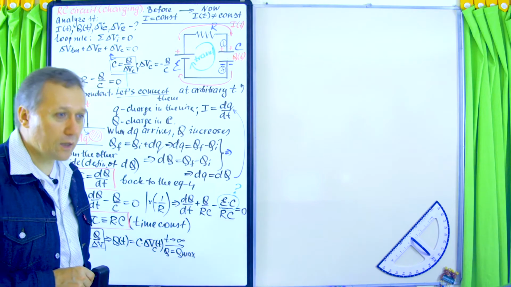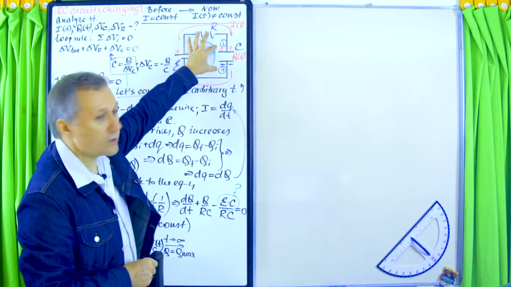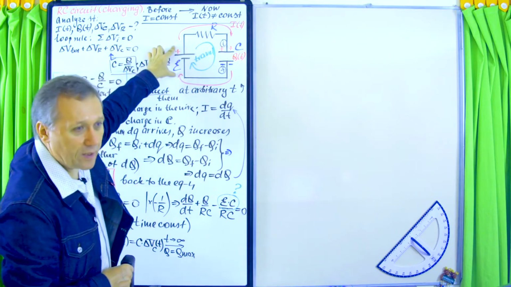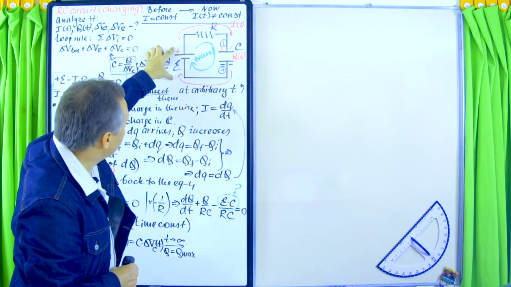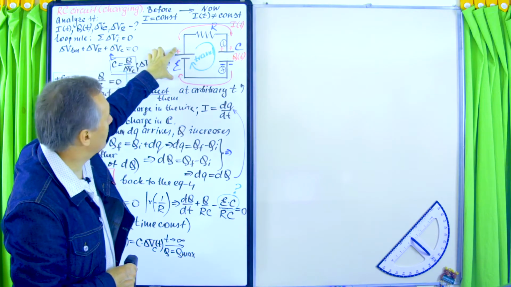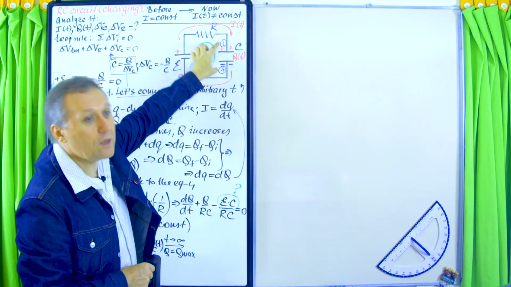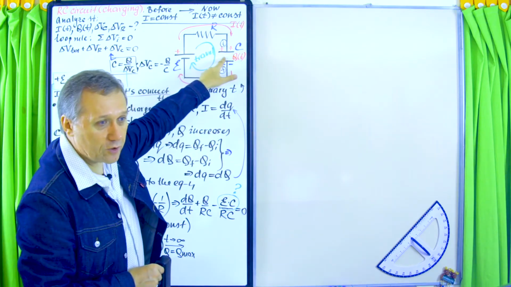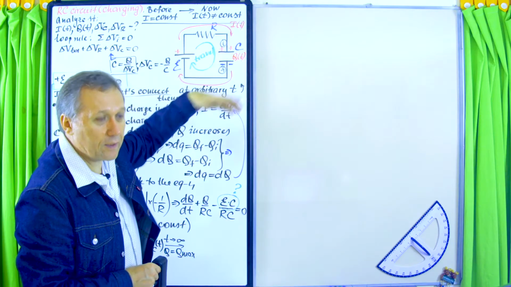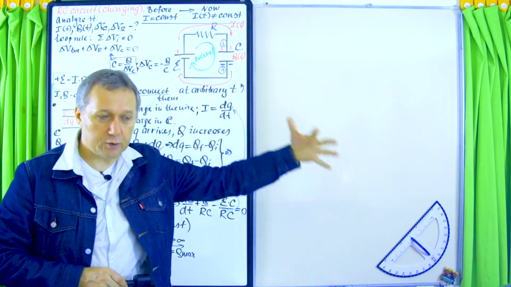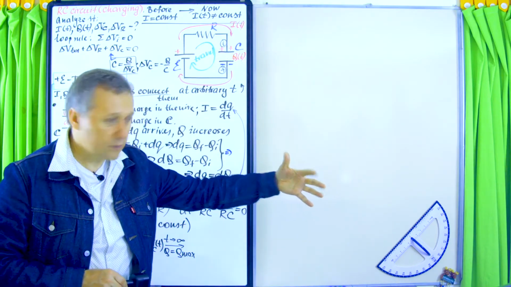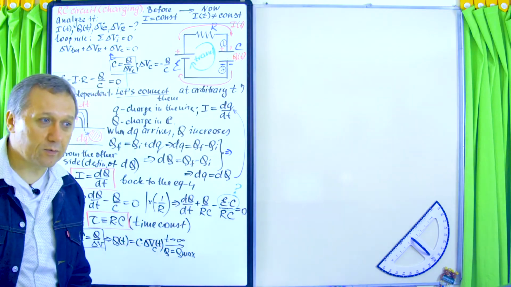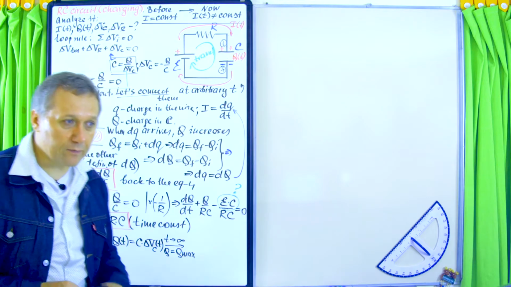So at that moment, the potential difference across the capacitor must be equal to the potential difference provided by the battery. Basically, when the potential difference across the battery equals the potential difference across the capacitor, current will stop flowing and the capacitor is fully charged. That happens at t equals infinity. So at t equals infinity, delta V across the capacitor equals the EMF of the battery.